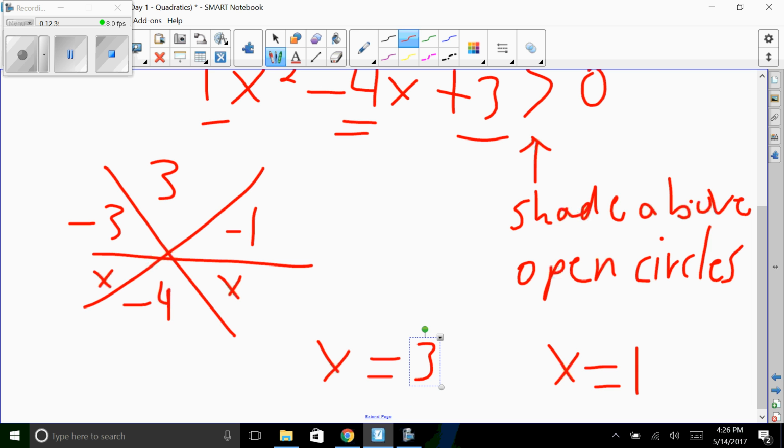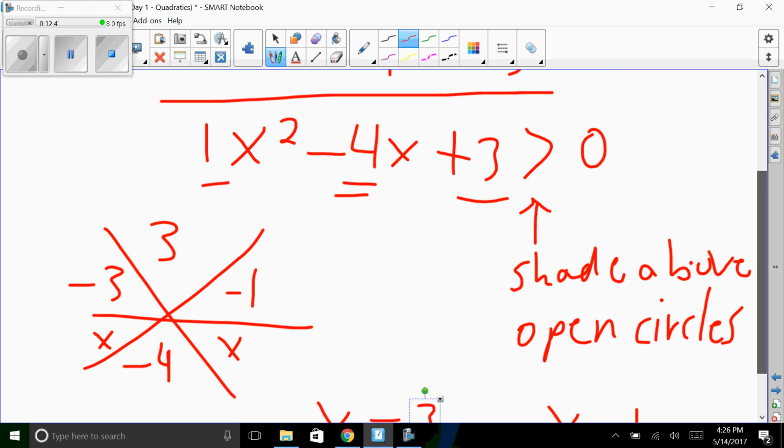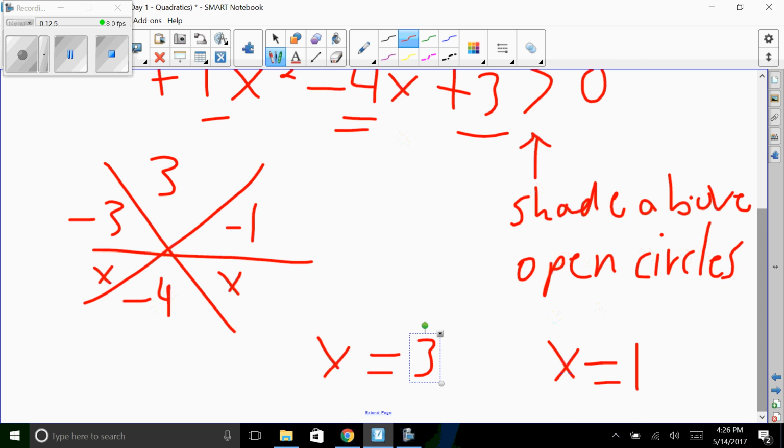Okay, so now we know also the graph's going to be opening up because the leading coefficient was positive. Okay, so we know which direction the graph's opening, what kind of circles we're going to have, what we're going to shade, what are the actual x-intercepts.